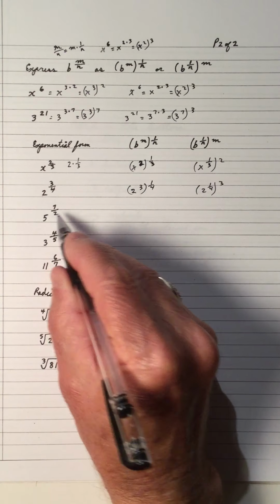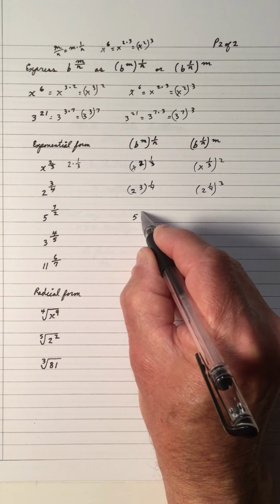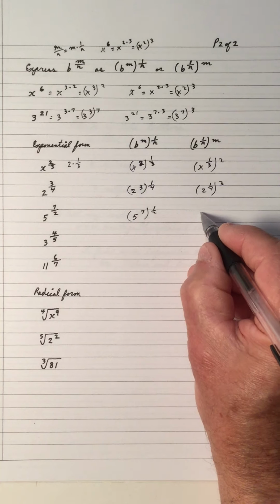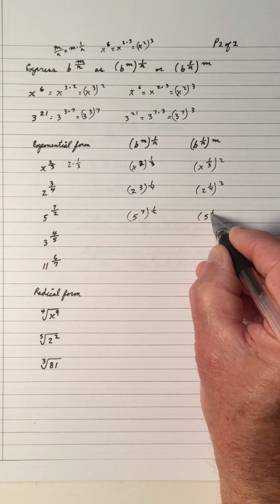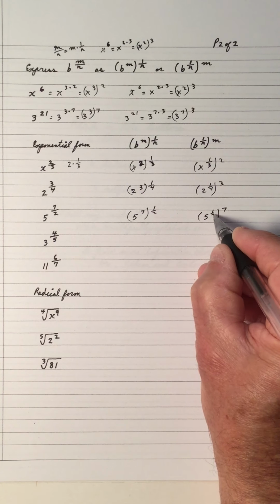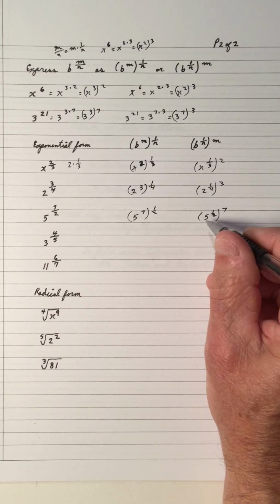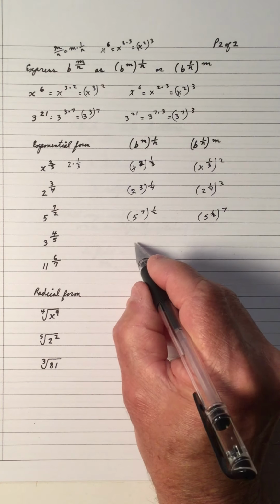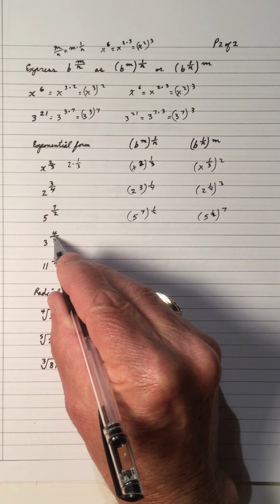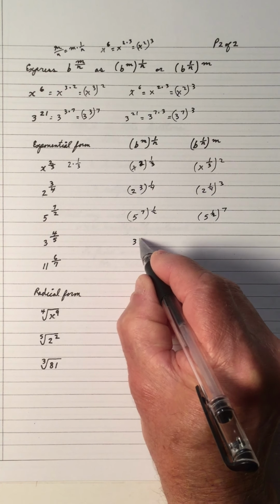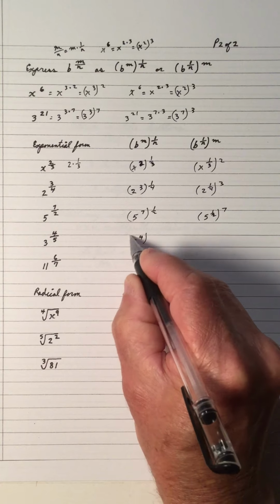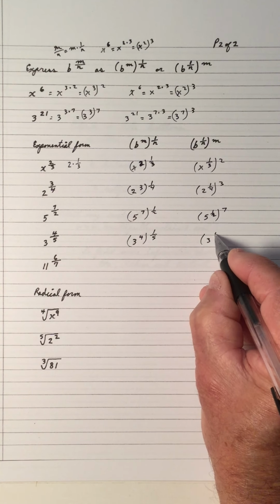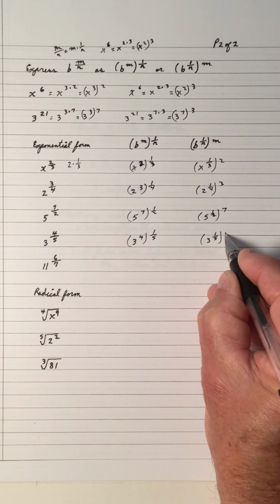And 5 to the 7 over 2 is 5 to the 7 to the 1/2, or you could have 5 to the 1/2 power to the 7 power, either or. And 3 to the 4/5 is the same as 3 to the 4 to the 1/5, or we can have 3 to the 1/5 to the 4th.